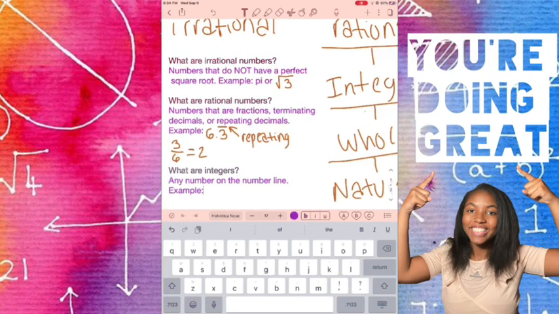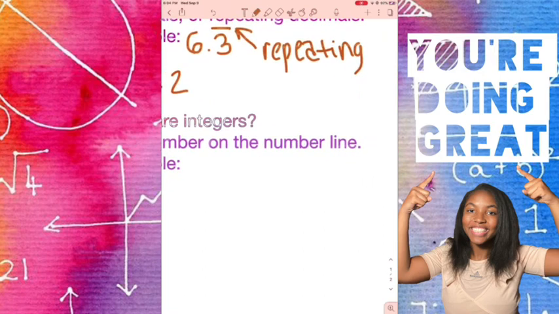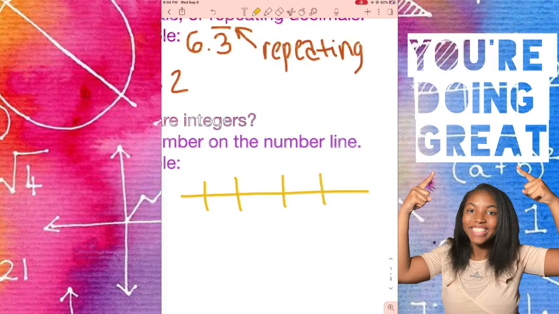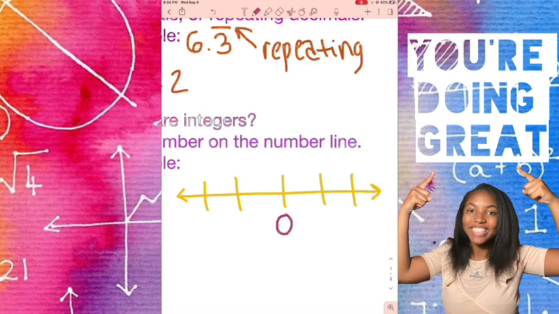For example, let's draw out a number line. Let's do just simple numbers. And you always want to have your 0, in this case, in the middle, or in between the numbers that you're listing down. So I start off with my 0, and I go up to and behind 2.